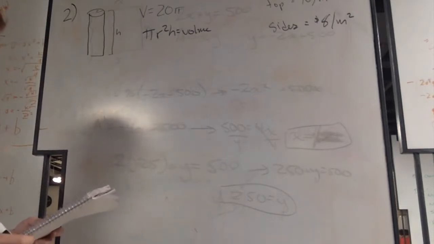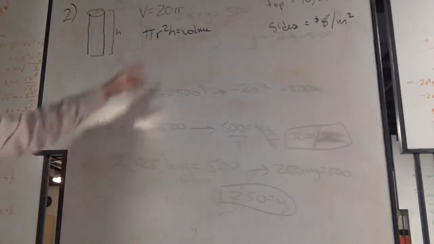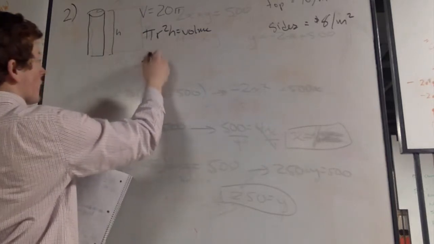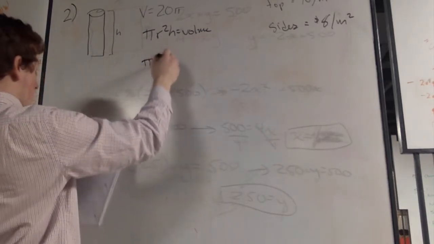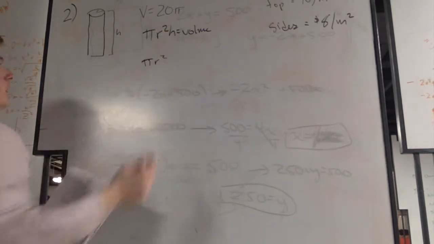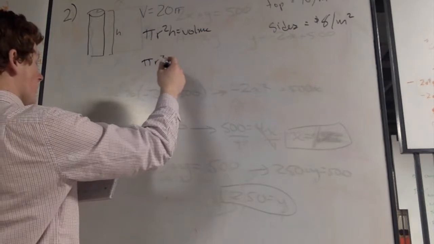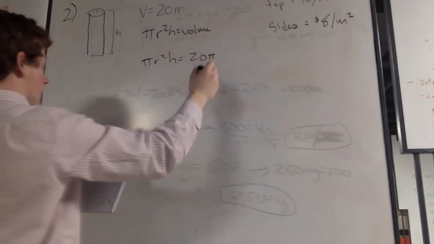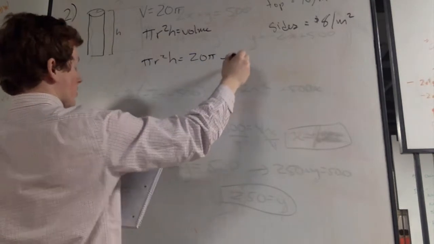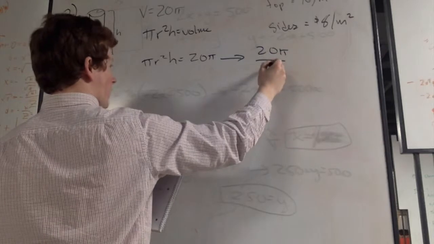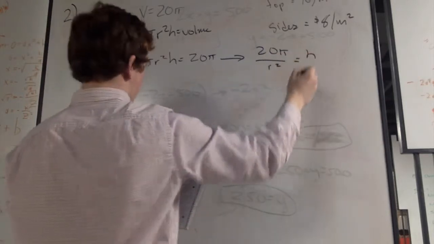And then, based on these 2, you can isolate either the r or the h, but it's easier to do the h, so that's what I'll do. Pi r squared h equals 20 pi, and then once you do all the math, it'll go to 20 pi over r squared equals height.